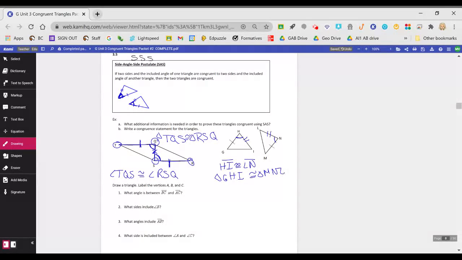Draw a triangle and label the vertices A, B, and C. Okay, so we're going to draw a triangle, ABC. What angle is between BC and AC? So I want you to pause and answer these four and then come back.